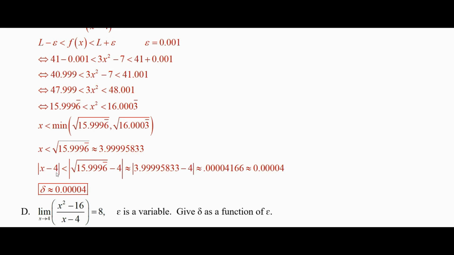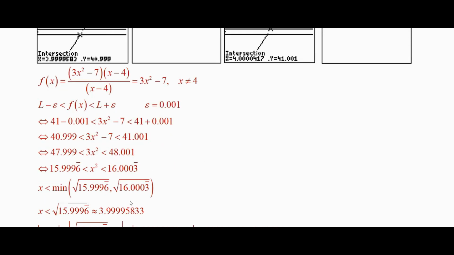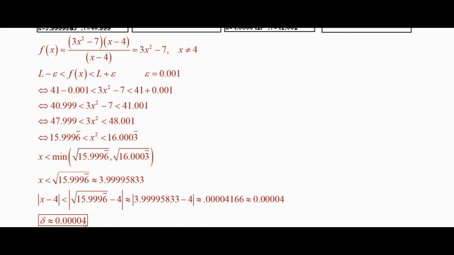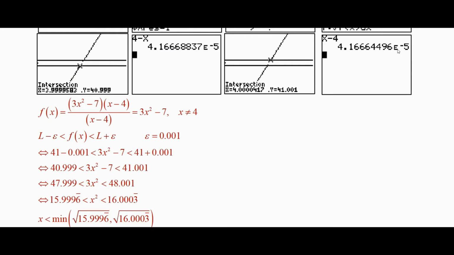And then the absolute value of x minus 4 is this, which works out to be approximately this for delta. Notice the times 10 to the negative 5th here, so that's 4 zeros, then a 4, 1, 6, 6, 6, 5 if we went out that way.